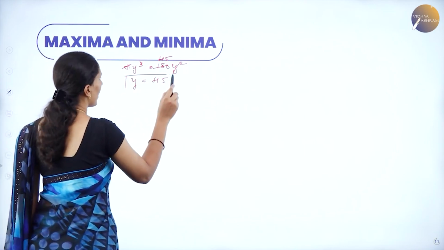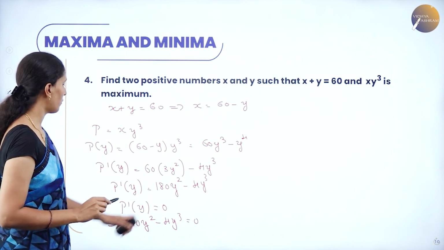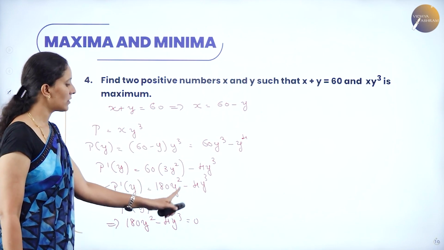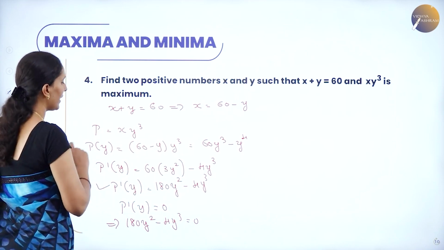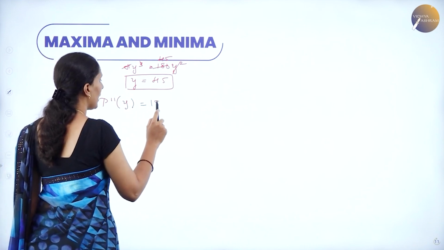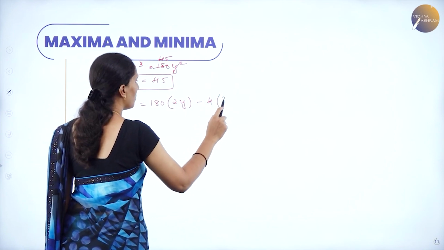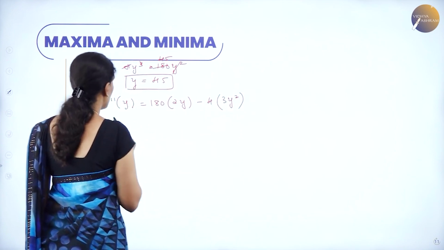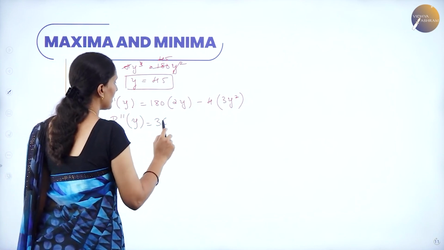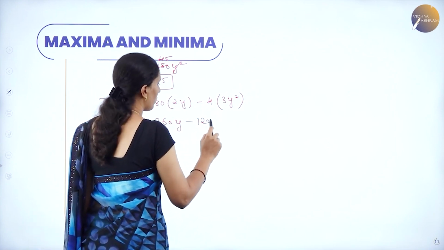Now, I got y is equal to 45. So, let me take the second order derivative of this function. This is the first order: P dash of y is 180 y square minus 4y cube. Let me derive it again. Then, P double dash of y becomes, 180 y square means it is 2y, minus 4 into y cube means it is 3y square. So, P double dash of y is equal to 360 into y minus 12y square.